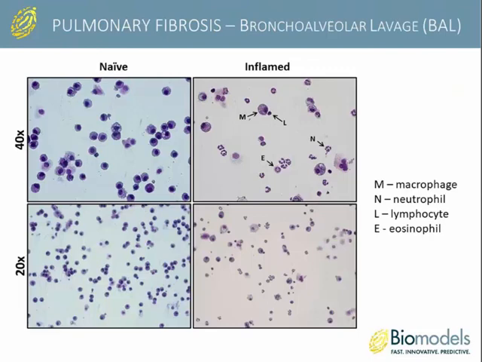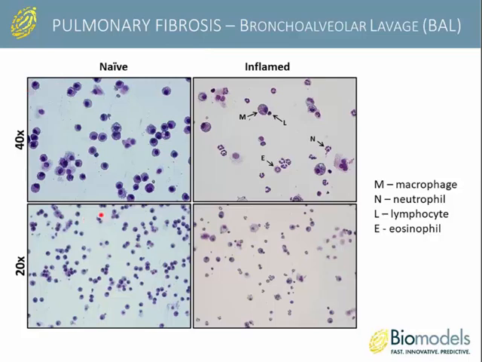And so as I had mentioned, one of the things that we look at as an endpoint is examination of the bronchoalveolar lavage fluid. Here on this slide, we're showing the BAL from a naive animal as well as from an inflamed lung. In this method, fluid is lavaged into the lungs and then extracted, and these cells are then visualized and quantified on a slide in order to look at the different types of cells that may be present in the lung.